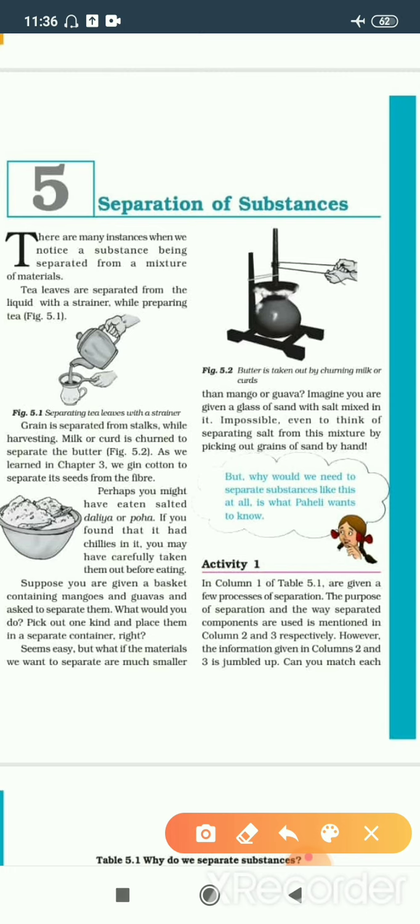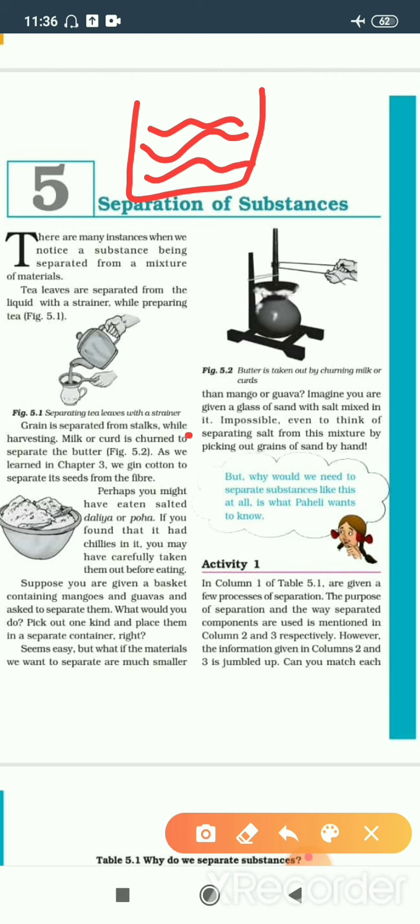It is impossible even to think of separating salt from this mixture by picking out grains of sand by hand. Suppose one container is here, in which sandy water is kept, and some sand is mixed in it. Now these three materials we need to separate.